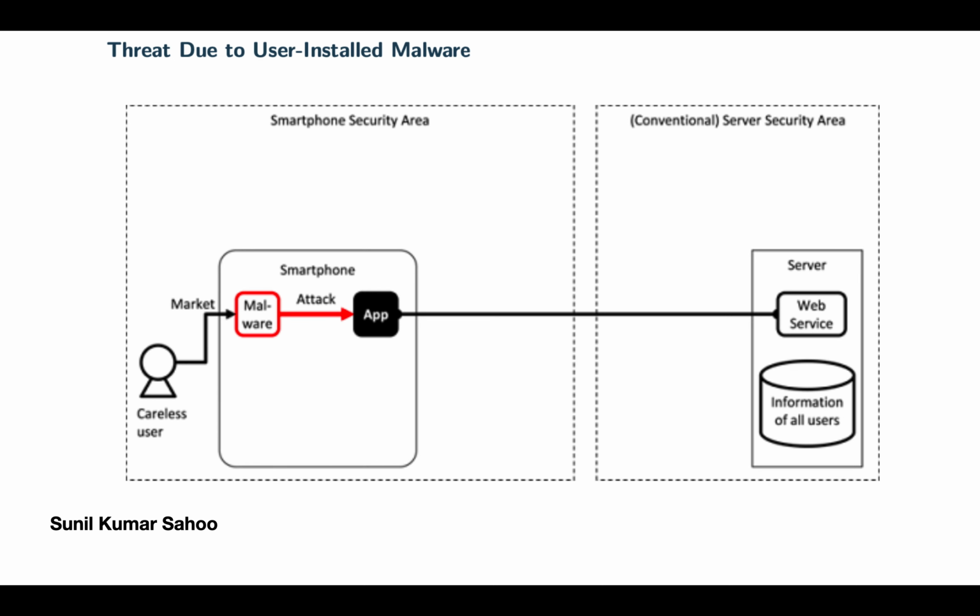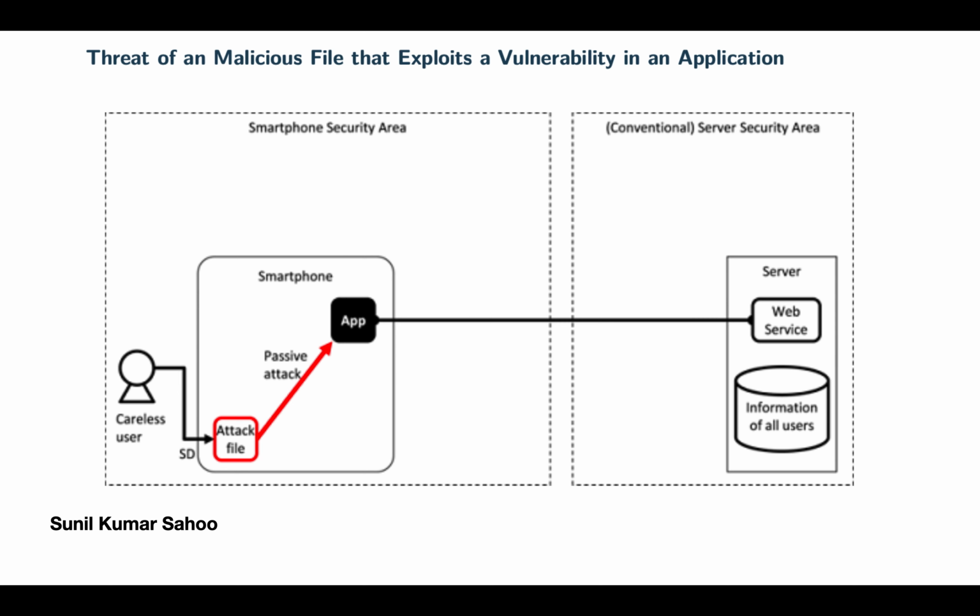Another type of threat can happen where some attacking file can be presented in JavaScript format or doc format, which can be sent via mail or downloaded from any browser.